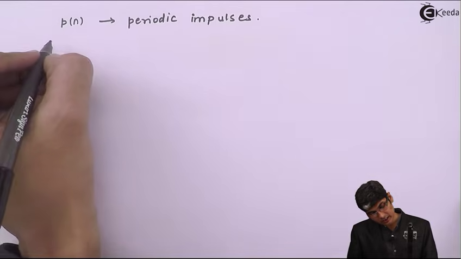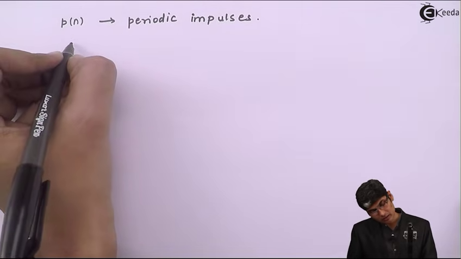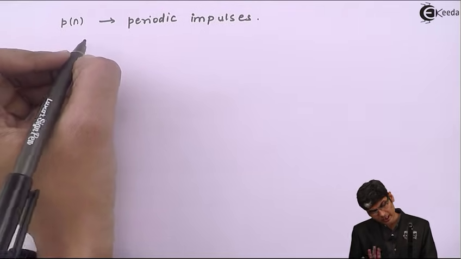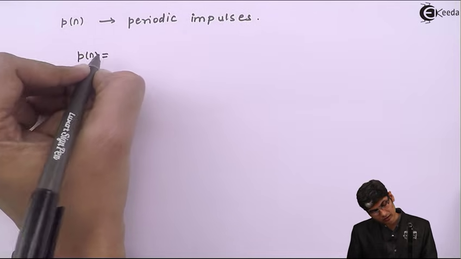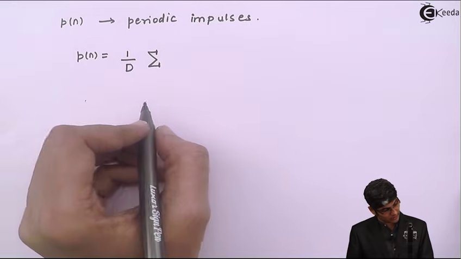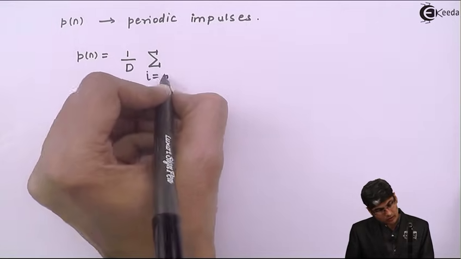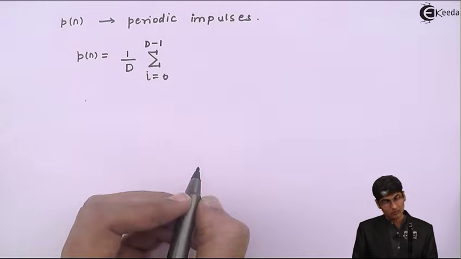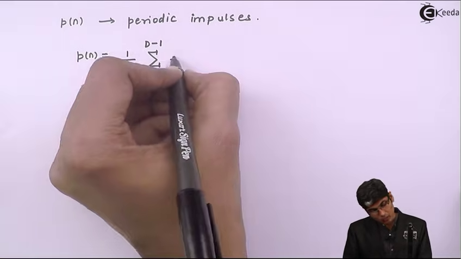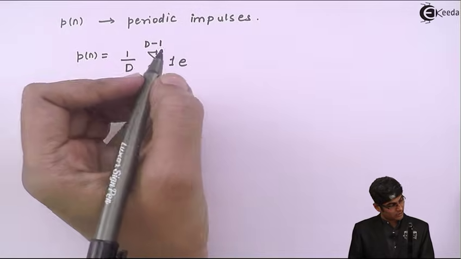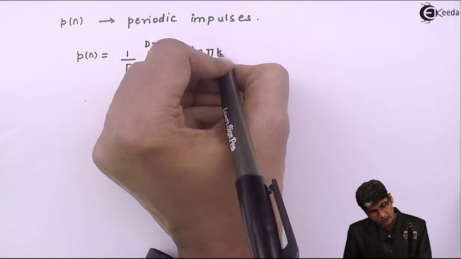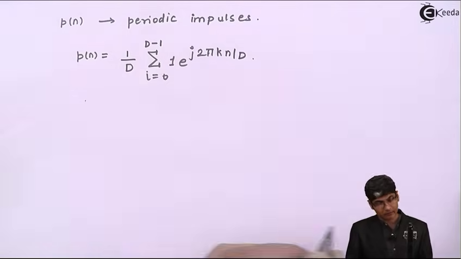Since it is periodic in nature, I can take the IDFT formula and write it like this: k goes from 0 to d minus 1, because the period is d, with amplitude 1, and the twiddle factor e raised to minus j k n by d.